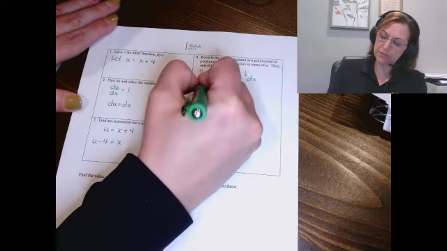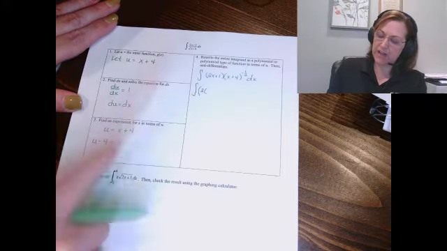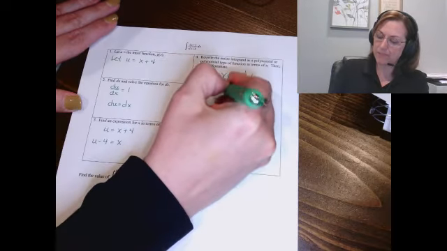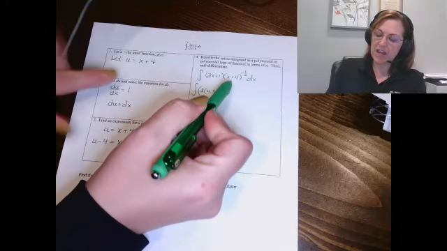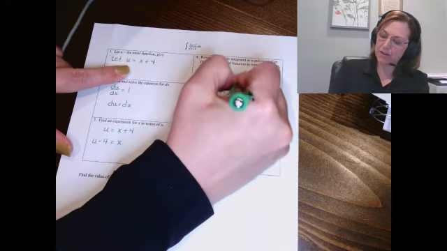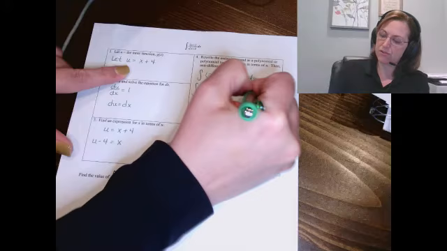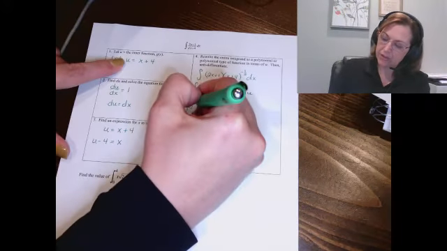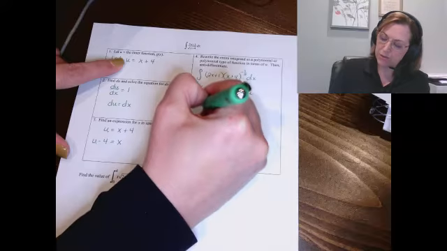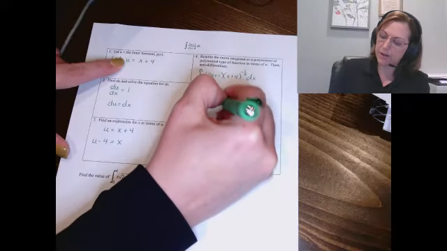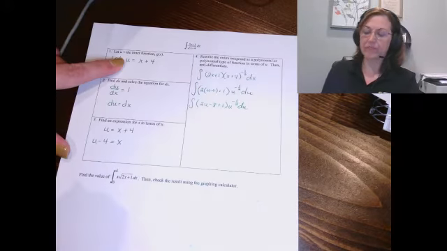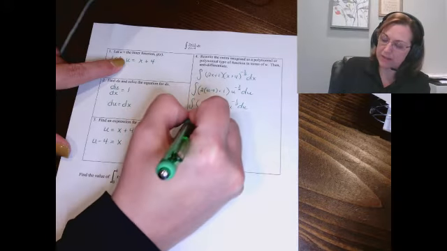I'm going to make the substitutions. So I've got 2 times x, which is u minus 4, plus 1. And then x plus 4 is u to the negative 1/2, du. Okay, let's distribute that 2. So I've got 2u minus 8 plus 1, and that would be 2u minus 7.